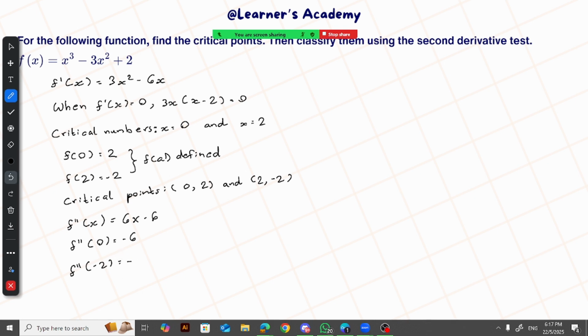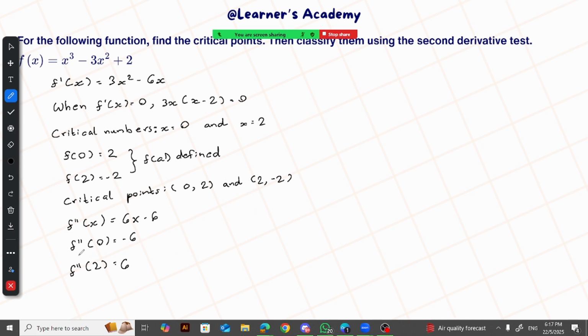Oh no, we have to substitute 2. If we substitute 2 into it, we will get 6, which is a positive number.